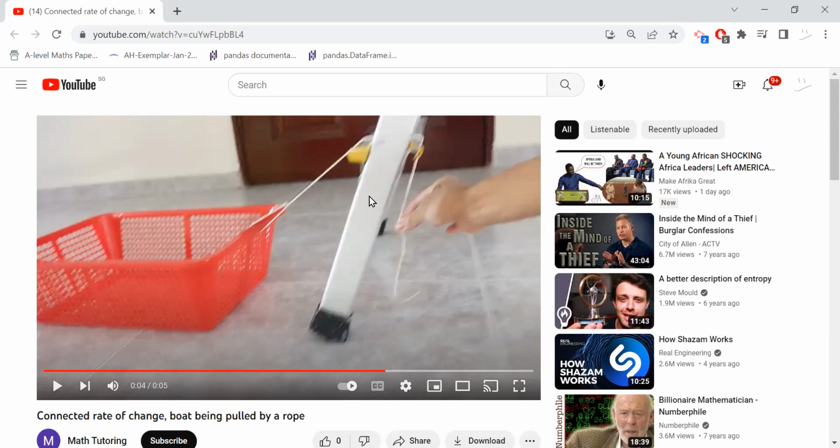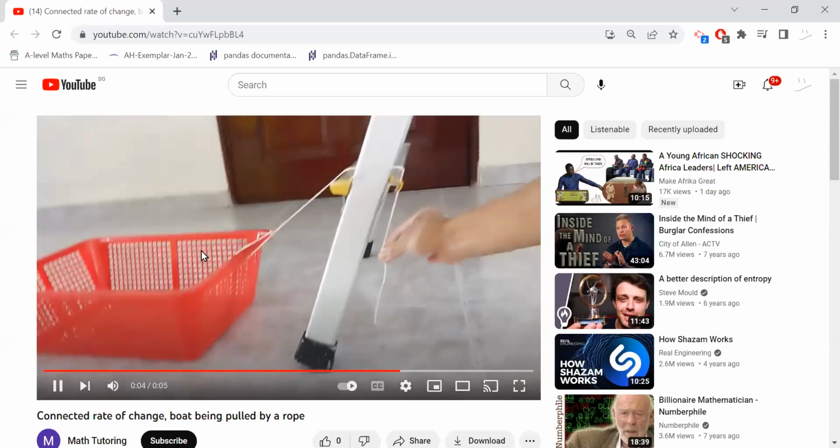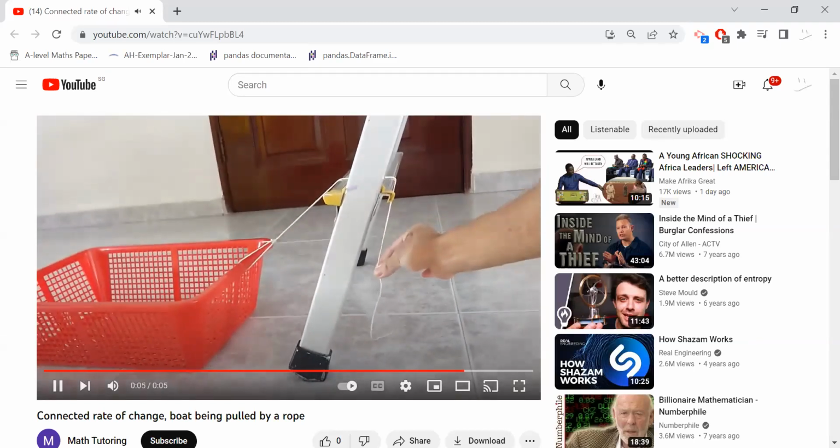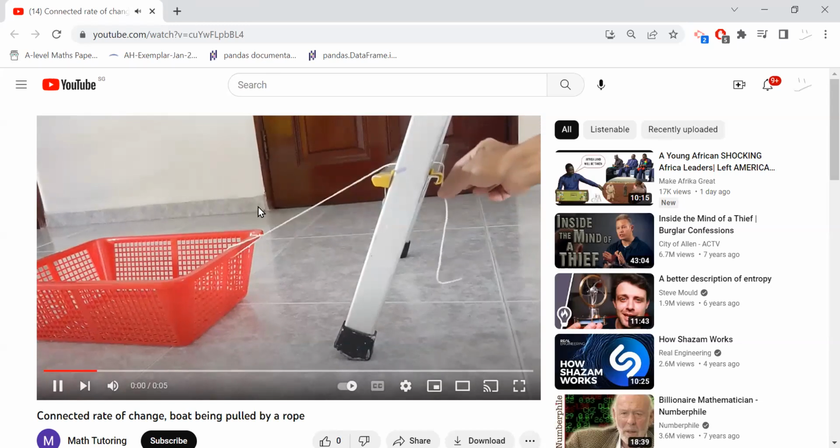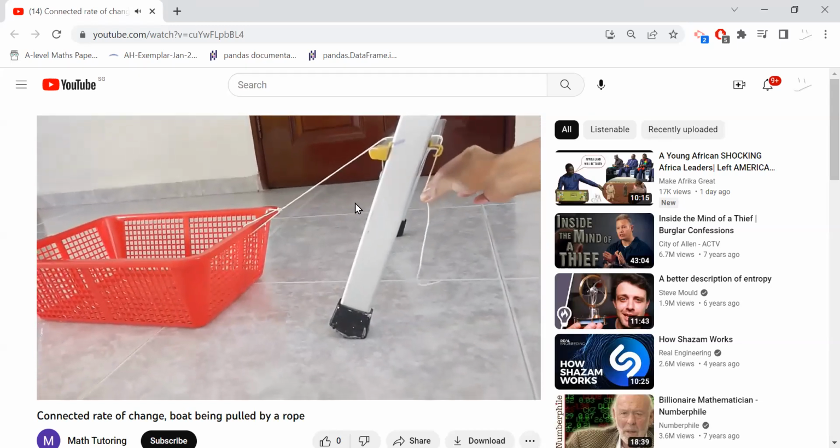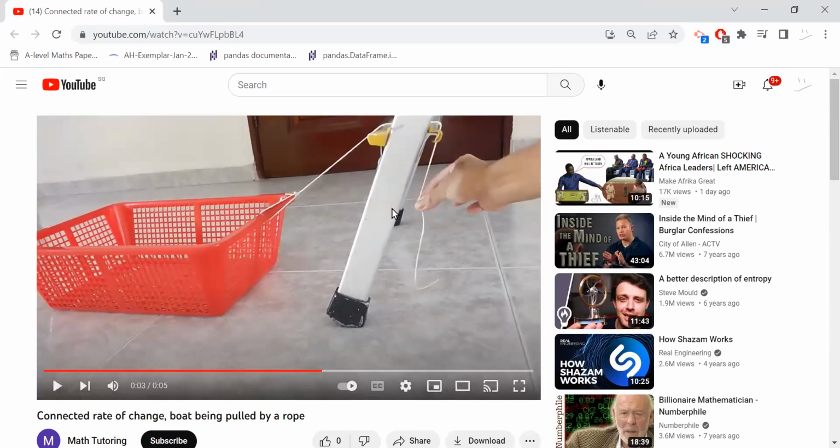At first it was this triangle, now it's this triangle. As I pull it closer and closer, of course the hypotenuse gets shorter and shorter, and this horizontal distance, the x, will also get shorter and shorter. Understand the visualization?